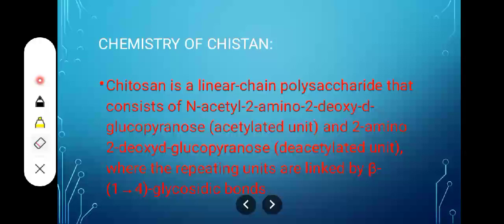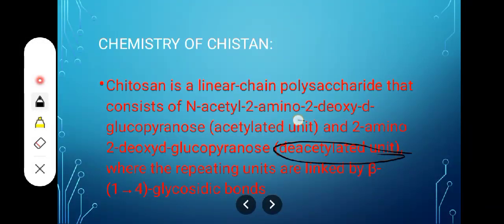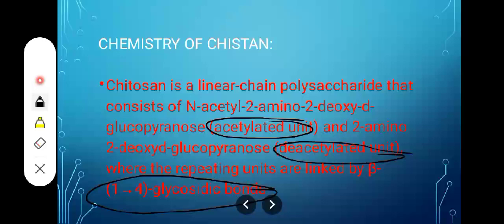The first is the acetylated unit and the second is the deacetylated unit, where the repeating units are linked by the beta 1,4 glycosidic bond.